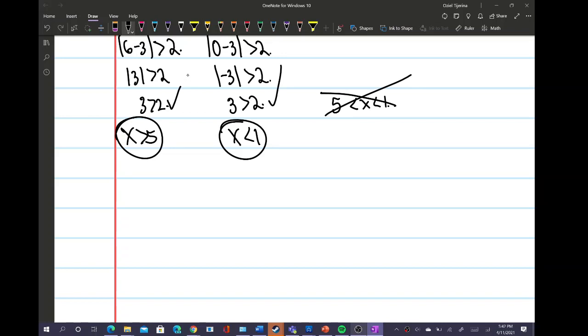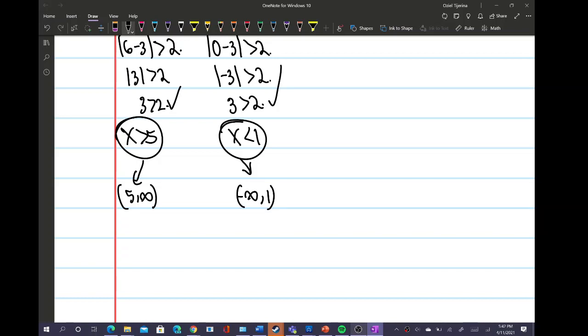This is not an inequality. If you write this in interval notation, it would be from 5 to infinity, and this would be from negative infinity to 1.